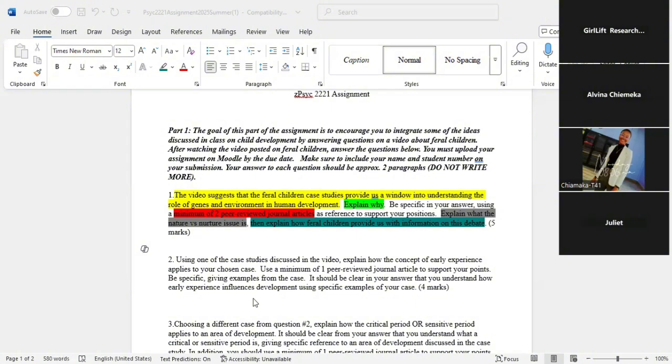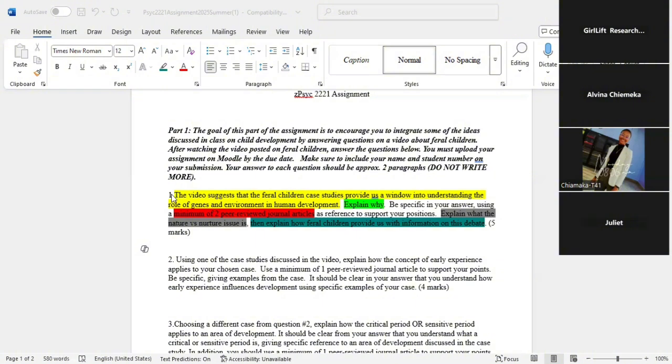Using one of the case studies discussed in the video, I don't know the video, but I think it's these feral children. Yes. Explain how the concept of early experience applies to your chosen case.